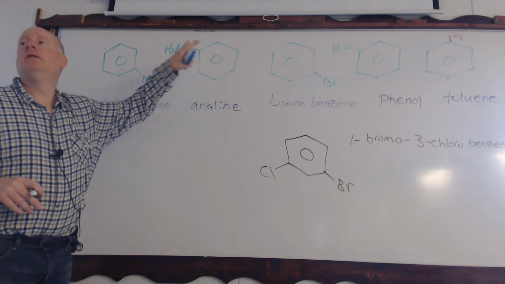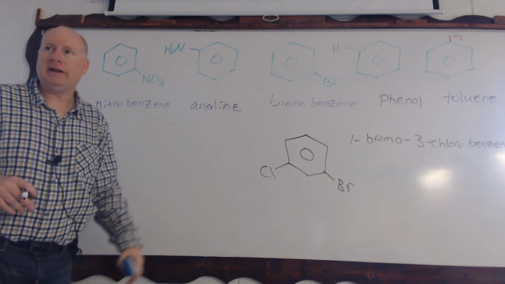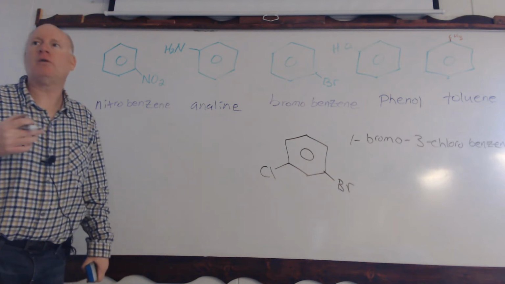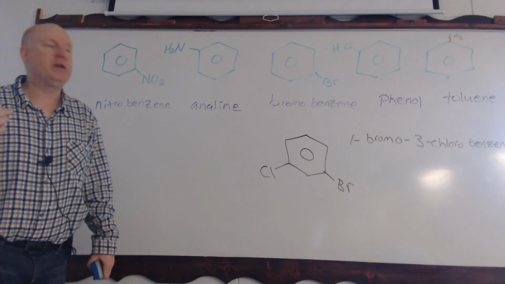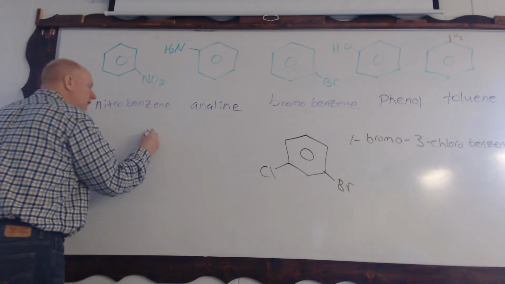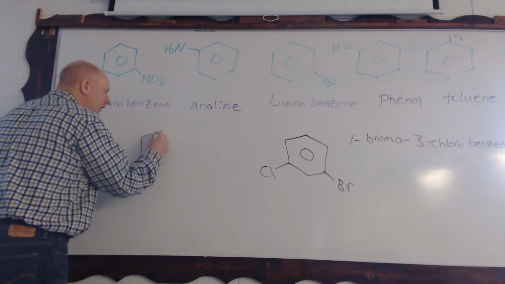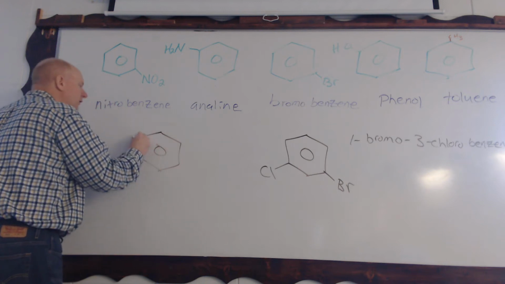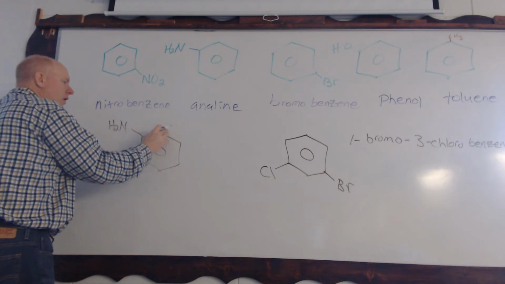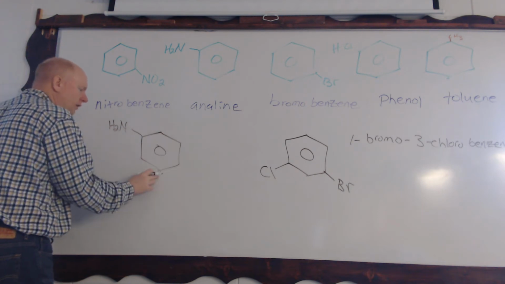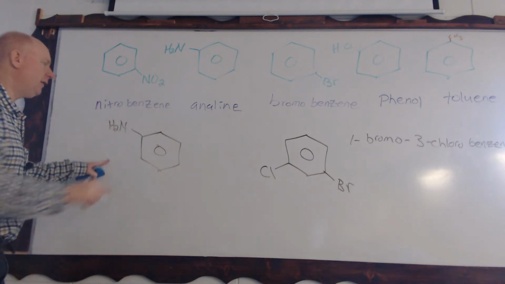Now, do you want to do meta again, ortho position, or para position? Okay, we can do that meta position then, which again is 2 spots away. So 1, 2, or 1, 2. You want to go left or right?